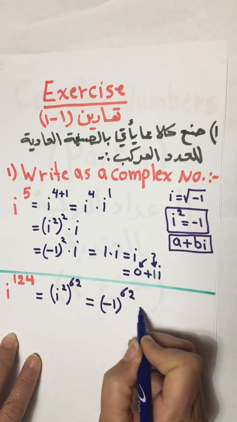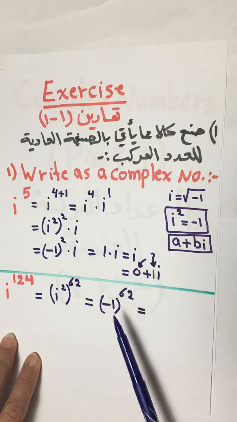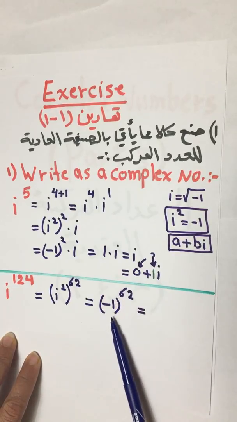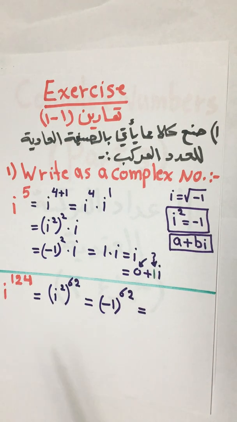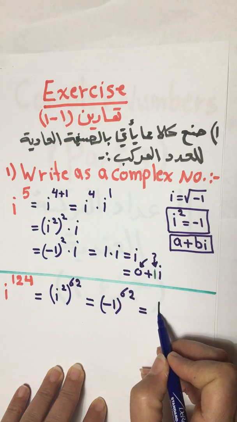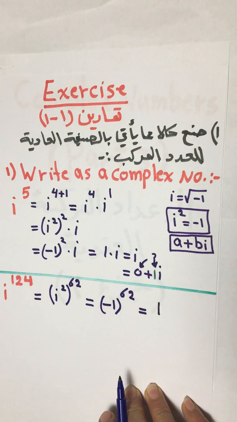This power is even, and with an even power the -1 becomes positive. So the answer is 1.